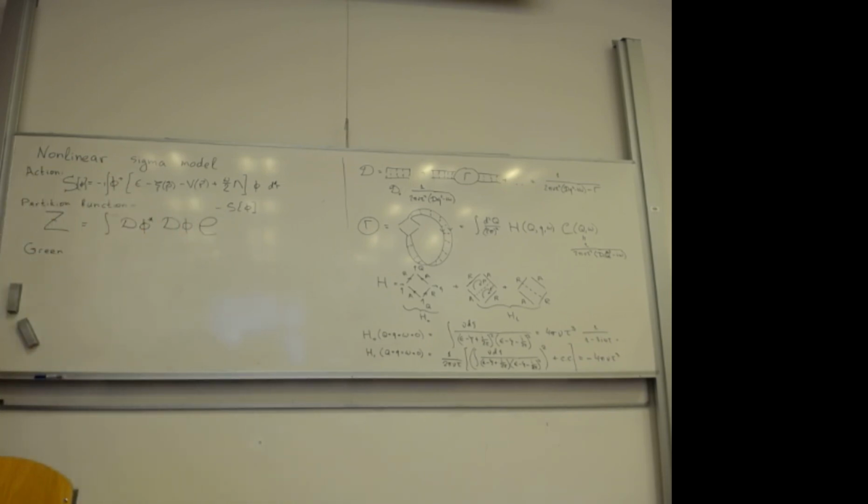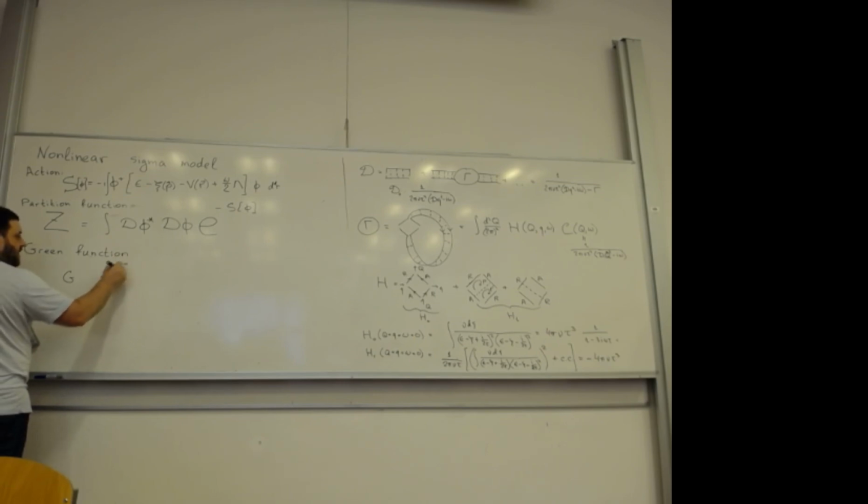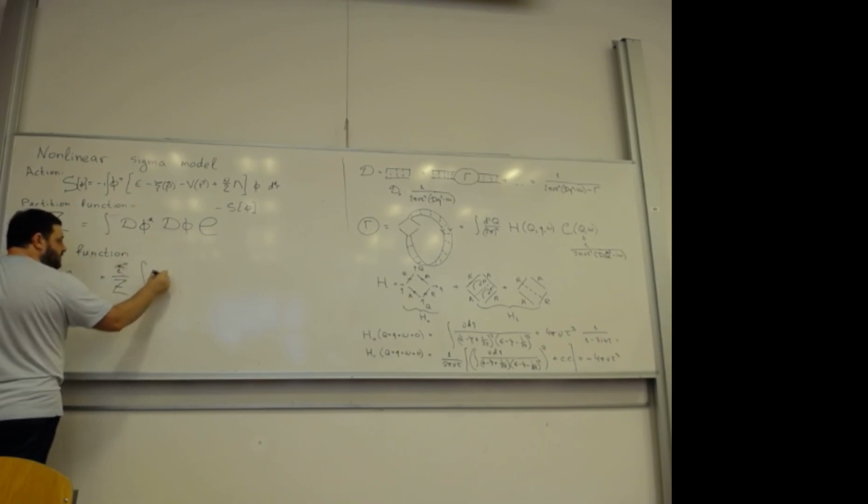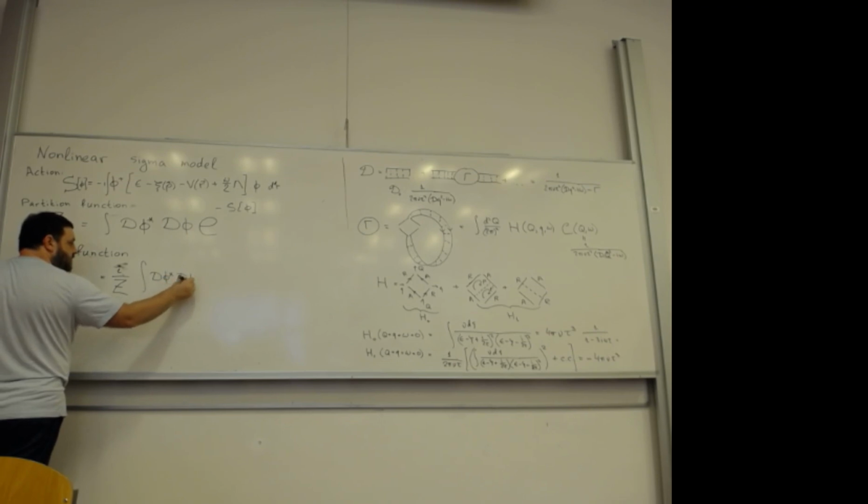So, the green function G is the following thing. It's one over Z, the partition function, times the integral of the same fields, d phi star d phi.